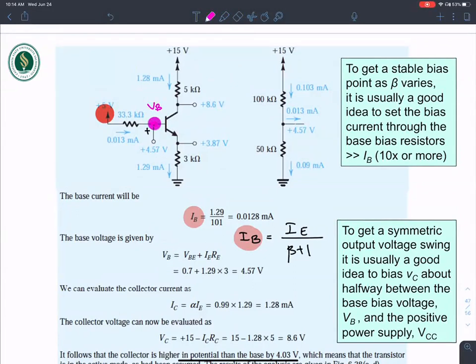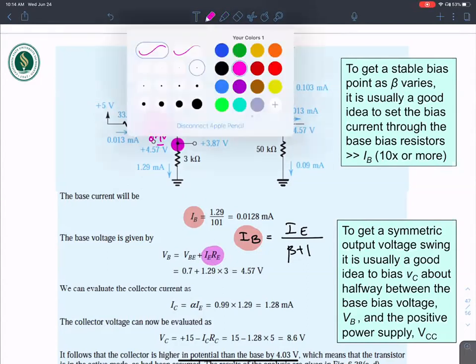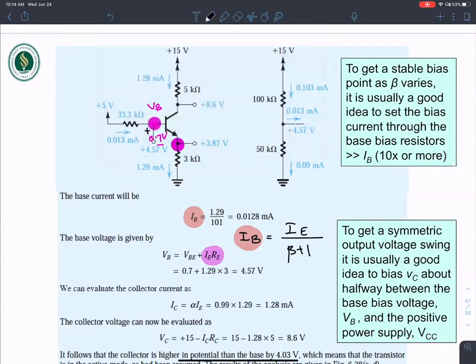That's going to be the voltage applied at this node, which is IERE plus 0.7 volts. VB is simply V emitter plus 0.7 volts.